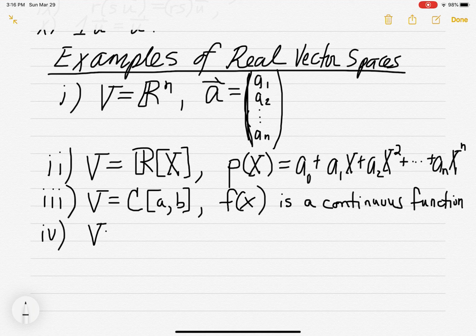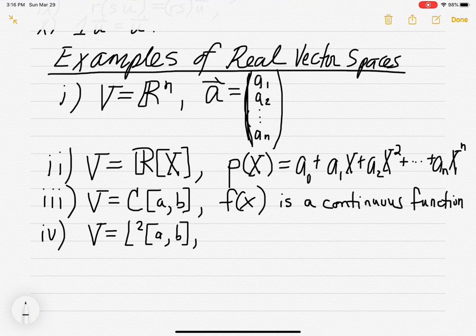This is something that you might deal with if you get into a more advanced linear algebra class or functional analysis. L2 of a comma b. These are called the square integrable functions, so functions that you square and you can take the integral of.